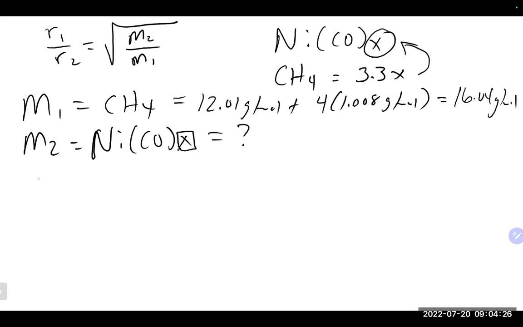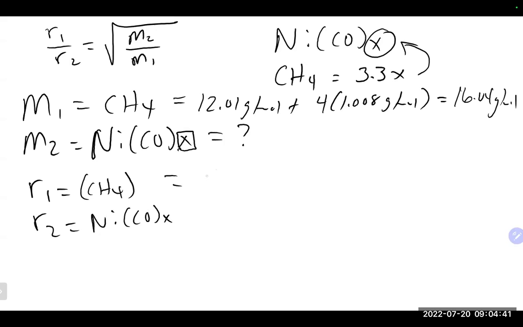So since I called M1 CH4, that means that R1 would be about CH4. And what it said was that this guy is 3.3 times faster than R2, right? So this would be R2. That's everything that we need to go into our formula.